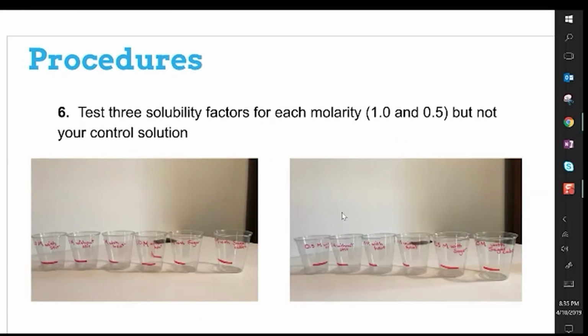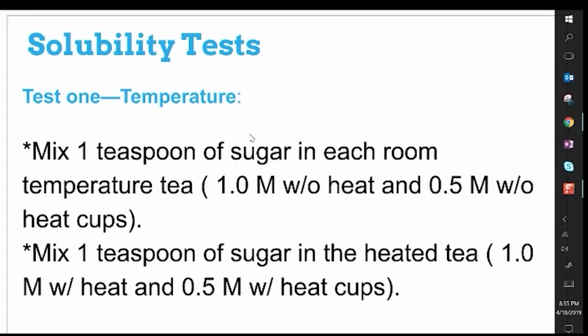We will test all 3 solubility factors for each molarity. We will not be testing the control solution. We just taste it and compare it with our 1.0 and 0.5 molarity. Our 3 solubility tests will be temperature. How does temperature affect solubility?